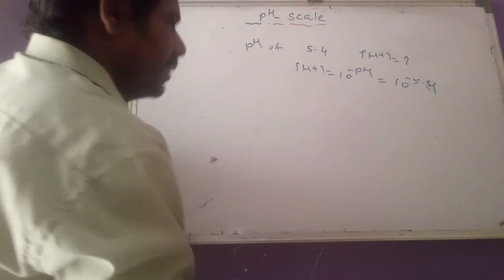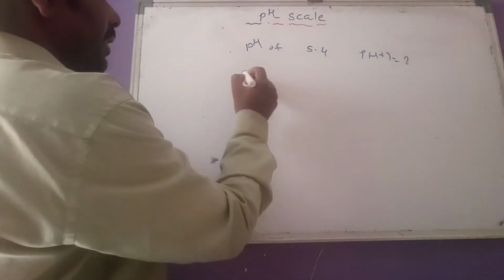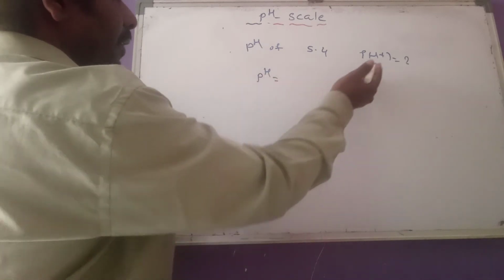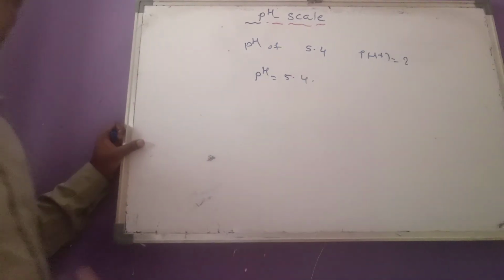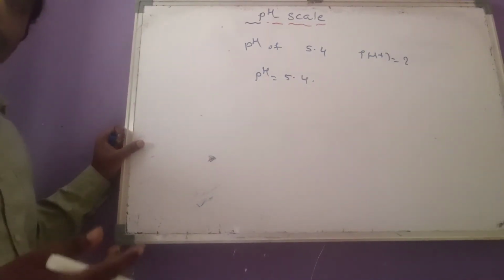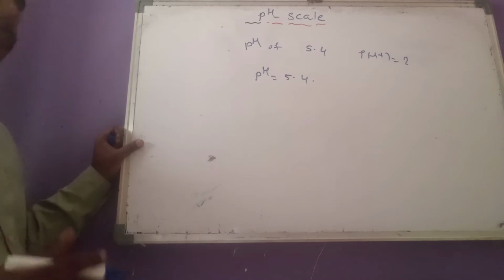So now, instead of this formula, we have to go for another thing here. pH equals 5.4, they have given here. One formula we gave in our previous video on pH, you can observe in that. Again I will repeat here, don't worry.